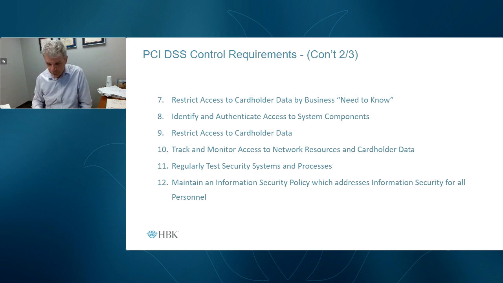Second set of 6 to make up our 12. Keeping access to cardholder data only to those with a need to know. Sometimes you'll also hear that called RBAC, role-based access control, identifying and authentication, restricting access, tracking and monitoring, testing, and coming up with an information security policy and maintaining that.